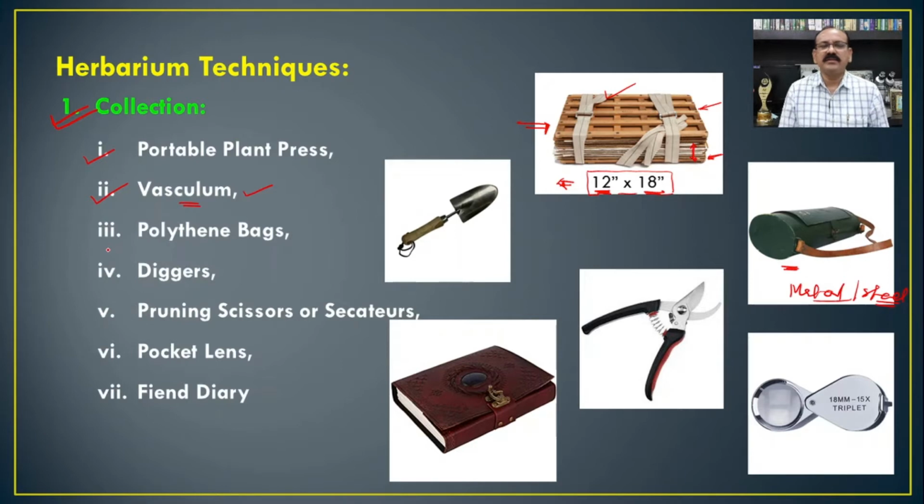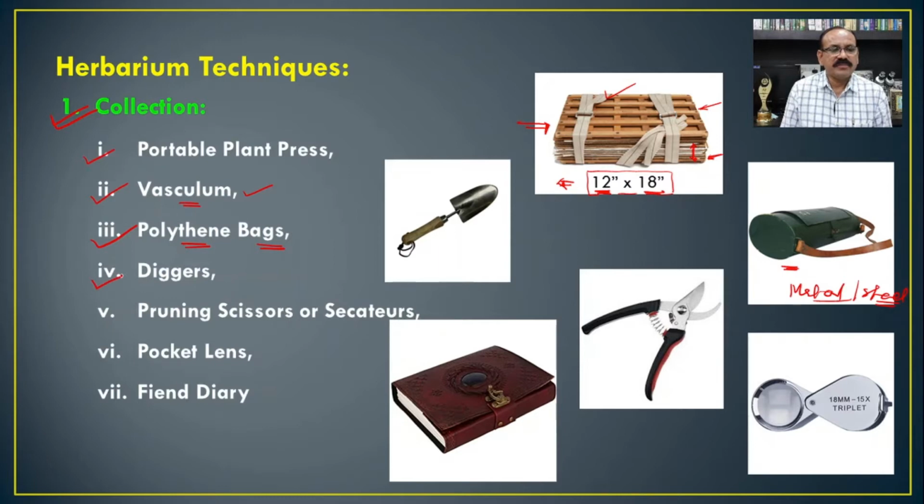But nowadays, vasculums are outdated and are not generally used because of the availability of polythene bags. And even the polythene bags can be used to store the plants till their pressing in the plant press.